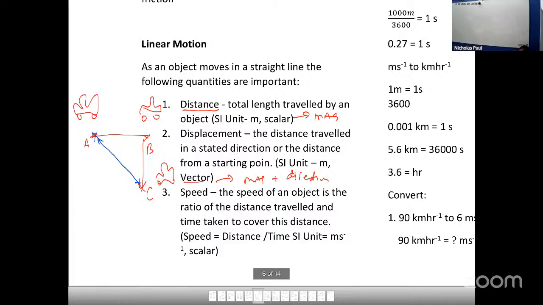So please note that it is a vector quantity, SI unit meters.